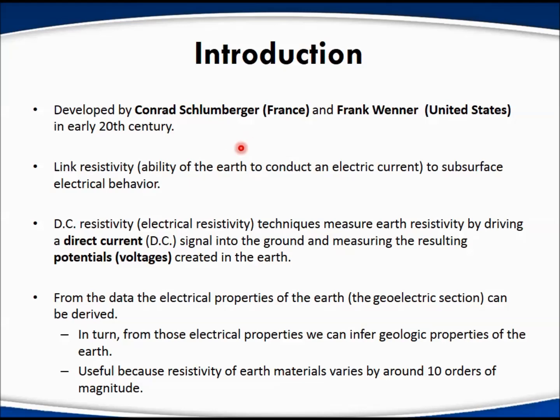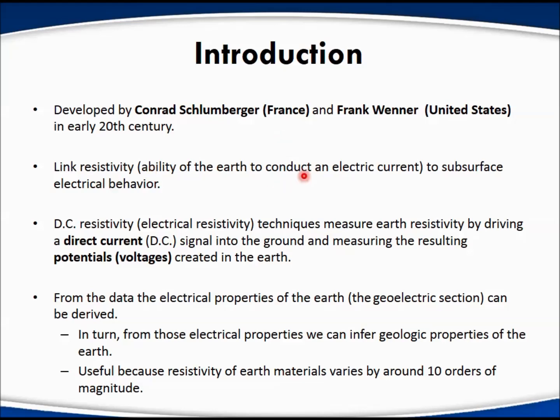This survey was developed by Conrad Schlumberger from France and Frank Wenner from the United States in the early 20th century. Conrad Schlumberger is the founder of the Schlumberger company that we already know about, a very big player in the oil and gas industry for processing, quality control, and interpretation.